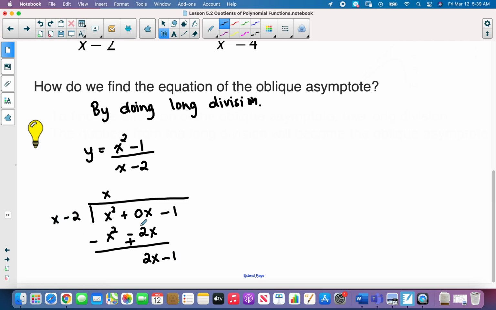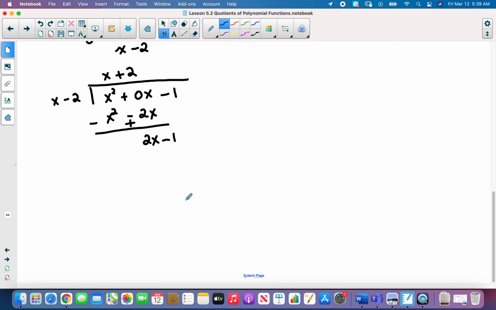To go from x to 2x, you need a plus 2. So this is plus 2. So 2 times x is 2x, and 2 times negative 2 is negative 4. You subtract, so this becomes positive. 4 minus 1 is 3. This cancels out to 0. So you can see here that in the long division, you got the quotient.